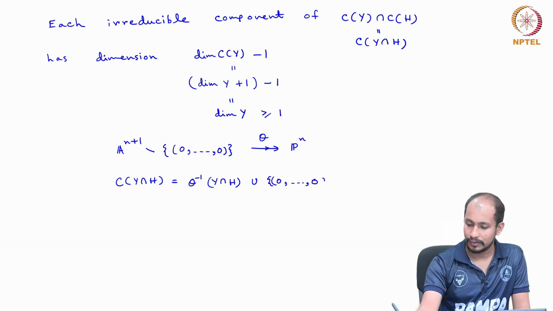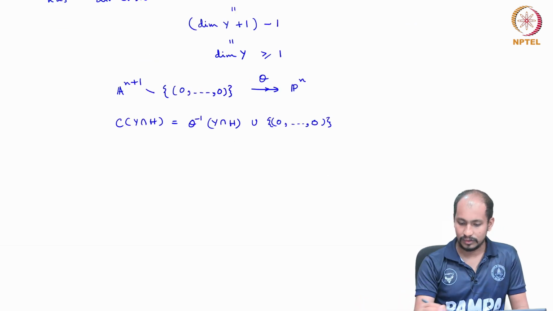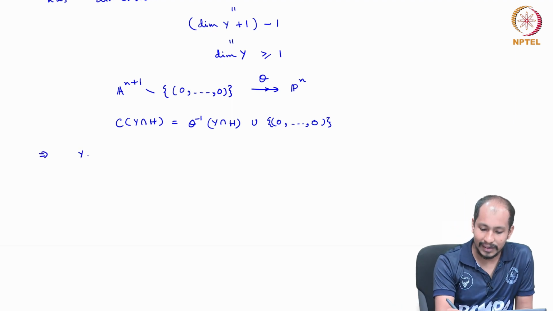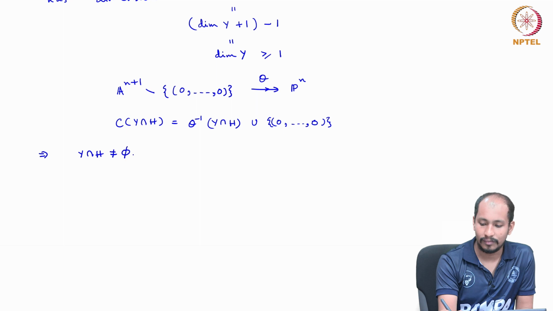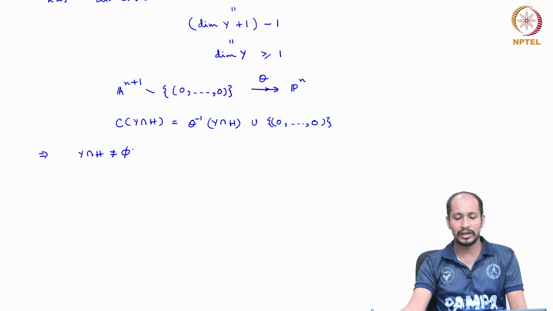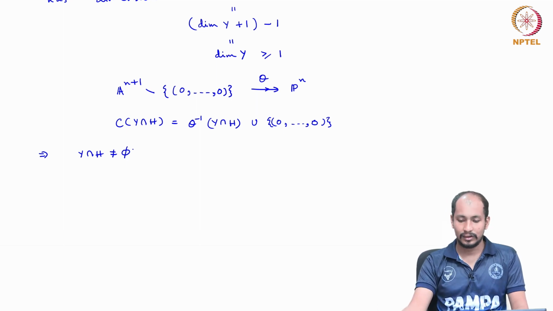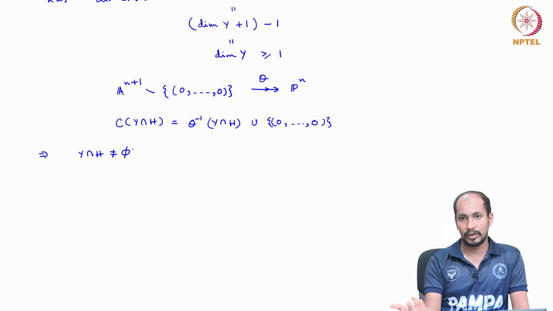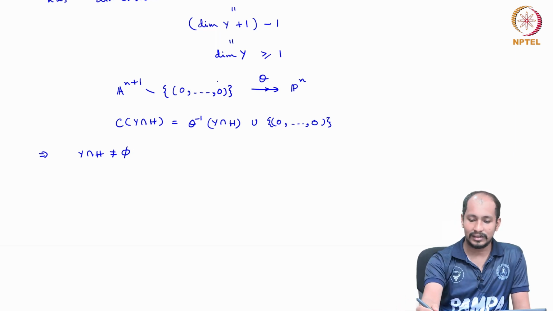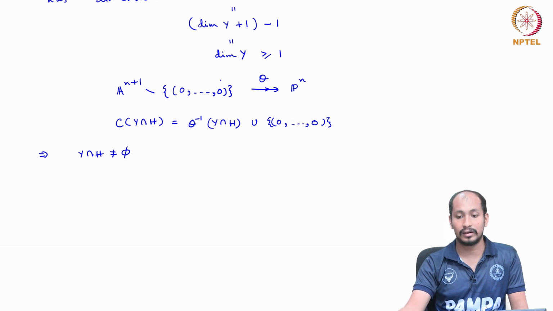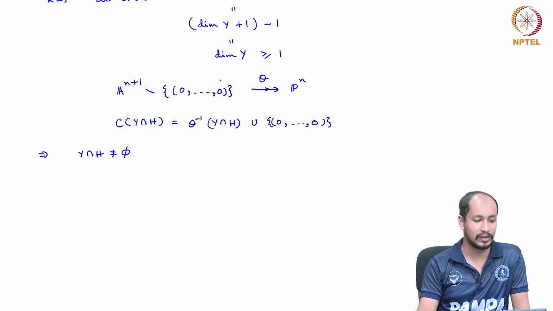Now this CY intersection H has dimension at least 1. So this implies that Y intersection H cannot be empty, because if Y intersection H were empty, CY intersection H would be only the singleton point 0 0 0 0, and its dimension would be 0. But here the dimension of each irreducible component of CY intersection H is at least 1. So this says that Y intersection H is non-empty.